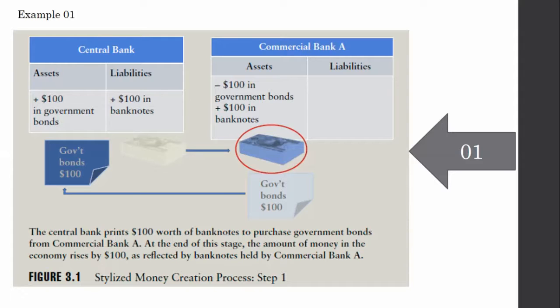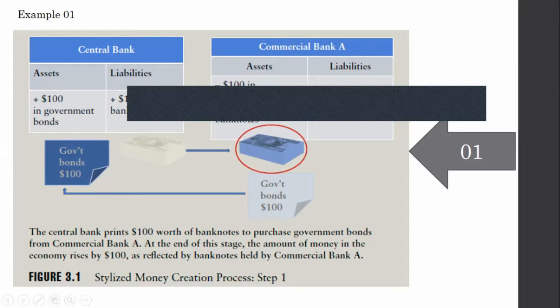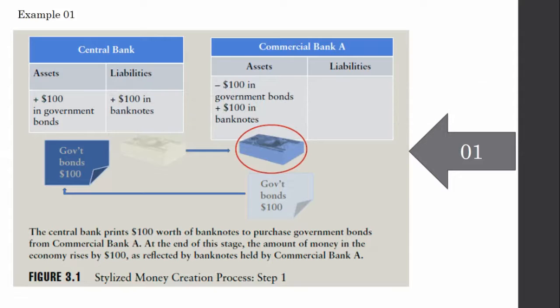When the central bank purchases the government bonds from commercial bank A, the central bank receives government bonds worth $100. So the central bank now has a debit on the asset side worth $100 in government bonds. When the government bonds are purchased by the central bank, that asset on the balance sheet of bank A should be credited.